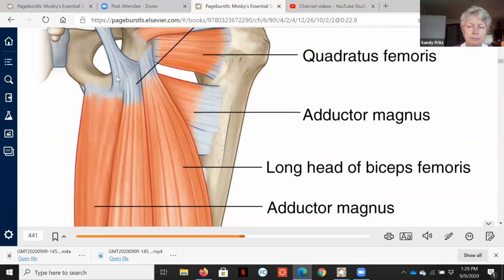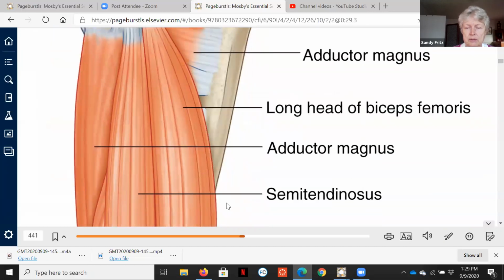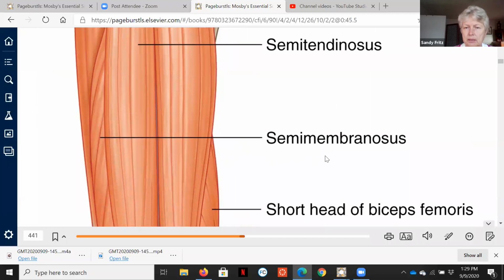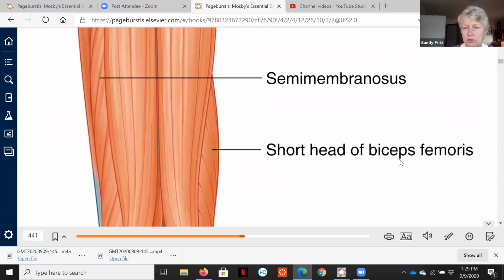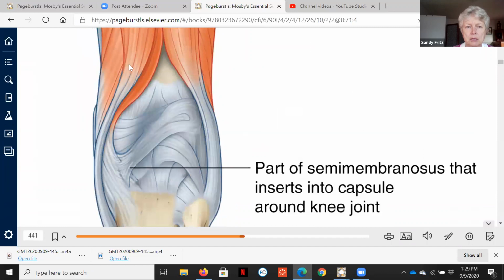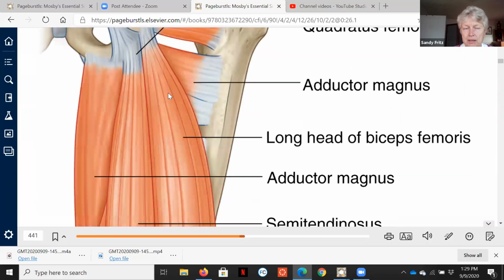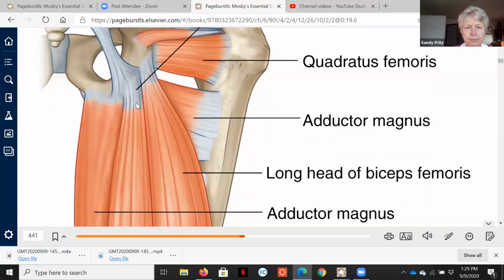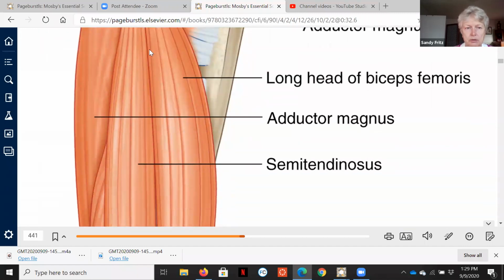So we did read biceps femoris, we did read semitendinosus, and we did read semimembranosus. And here's the short head of the biceps femoris. When we look at that, we can see that these are global muscles. They cross two joints. They cross the hip joint. This is the group we're looking at right here, what we would call the hamstring group.